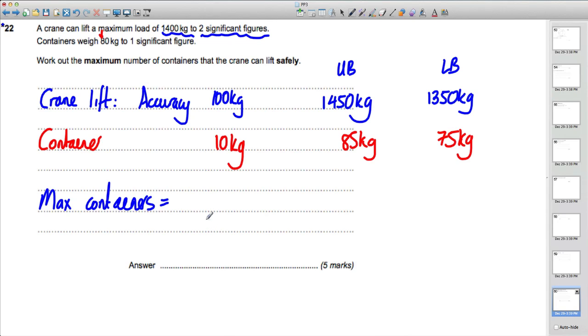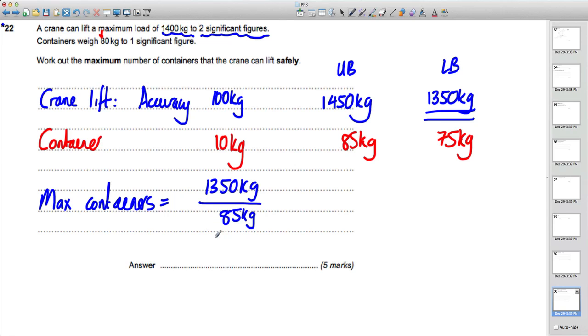Well, in a worst case scenario, let's assume the crane was only strong enough to lift 1350 kilograms, because you would want to take the crane at its weakest divided by the number of containers at their very heaviest, and you would not want to compromise or go above that number. So 1350 divided by 85 is 15.8.